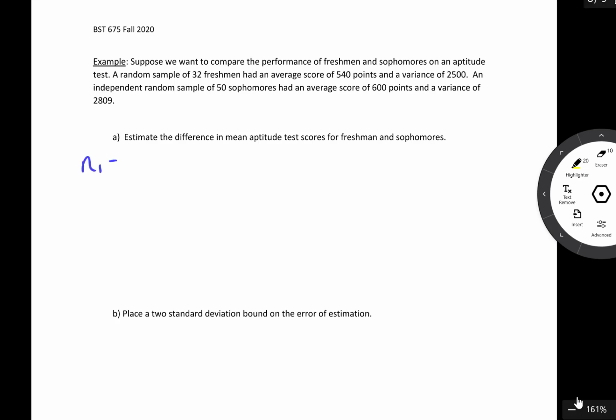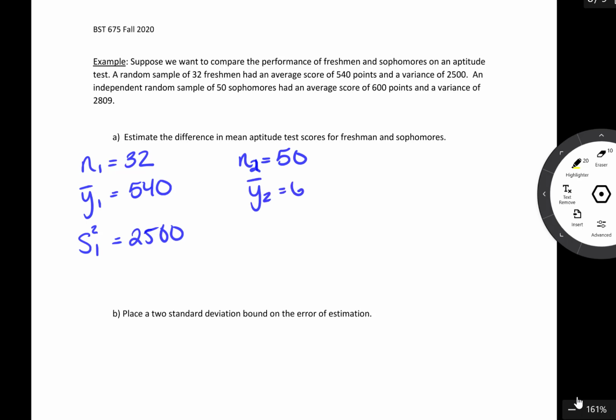For our first group, we had a sample size of 32, a sample mean of 540, and a sample variance equal to 2,500. For our second group, we had a sample size of 50, a sample mean of 600, and a sample variance equal to 2,809.